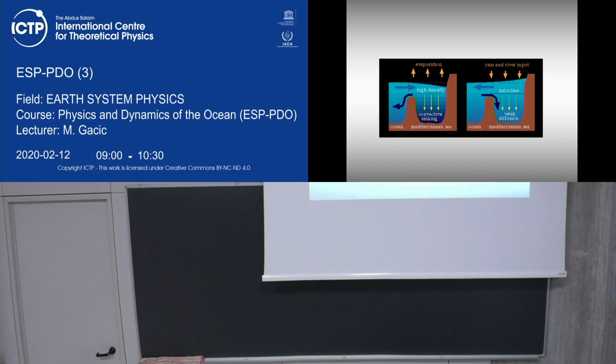In the first part, due to the differences in temperature and salinity distribution. So you have a thermohaline forcing, which is important at the level of the world ocean, but also at the level of the water exchange between different basins.